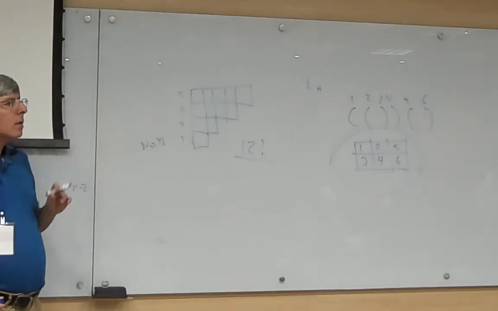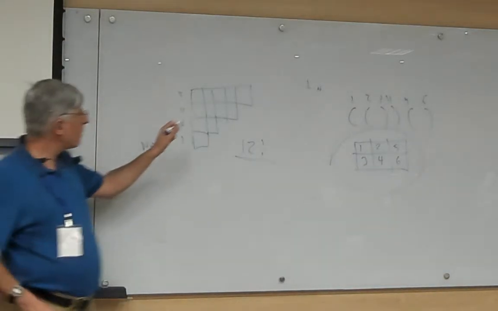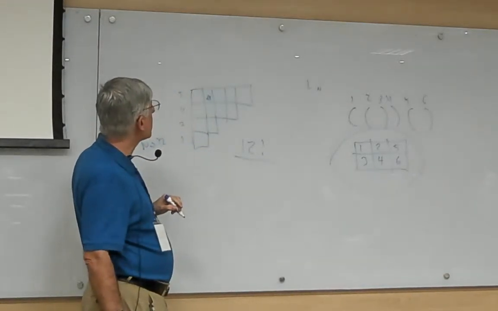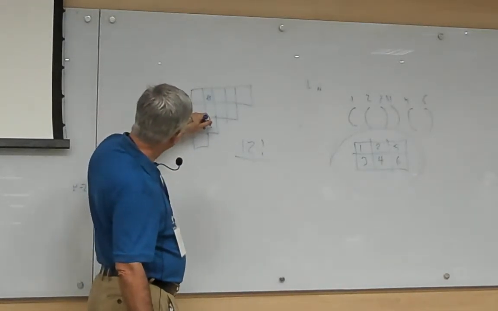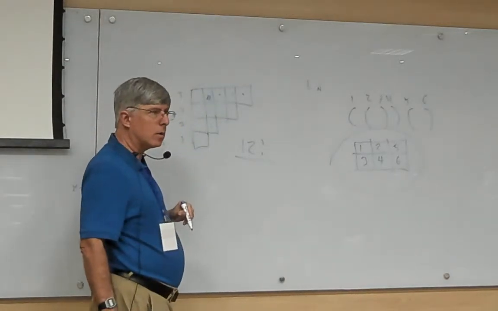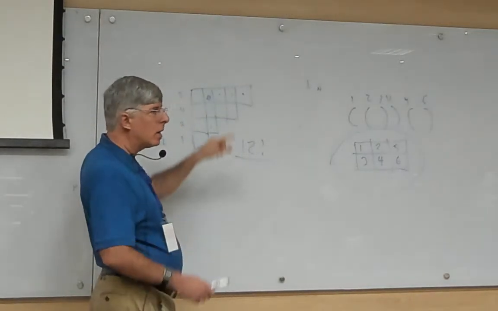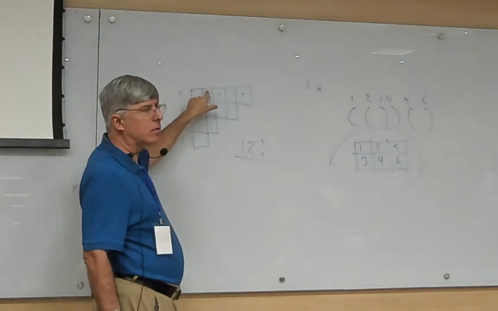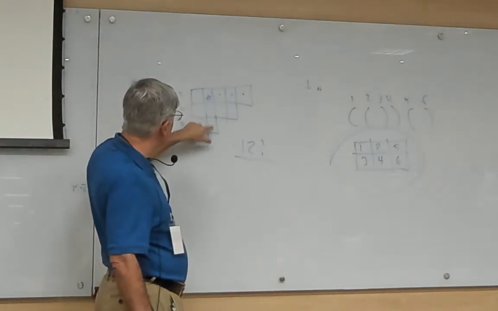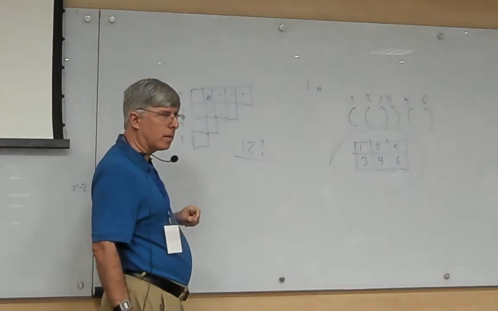What is a hook length? If I took any position in here, what is the hook length of this thing? It's 1, 2, 3, 4, 5, 6. So everybody see that if you have a hook anchored in this position, it would be of length basically the number of rows and the number of columns here.